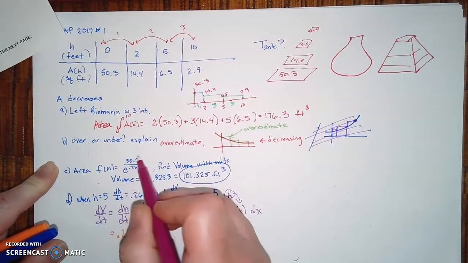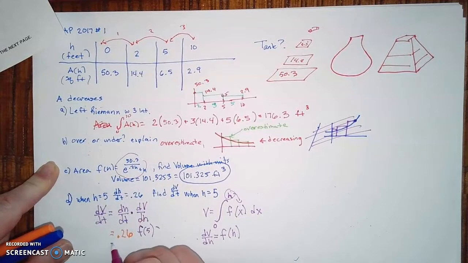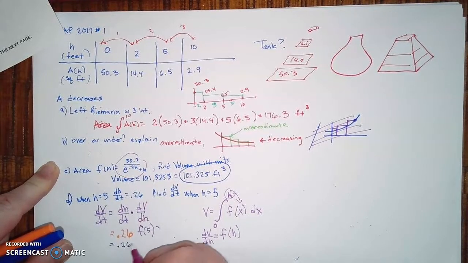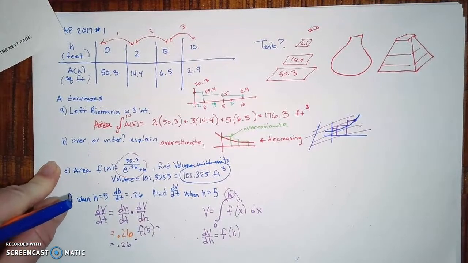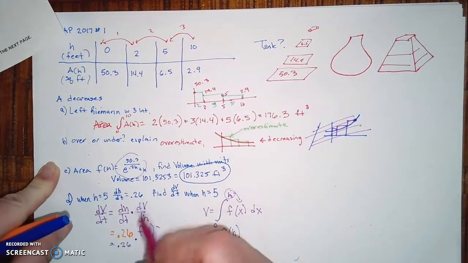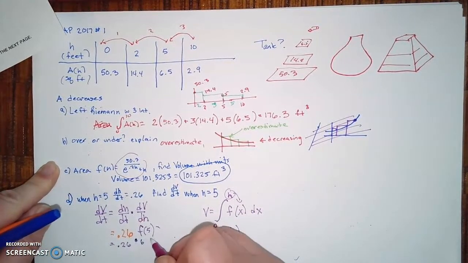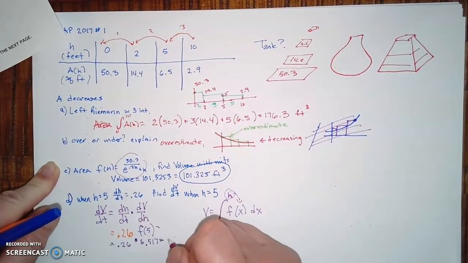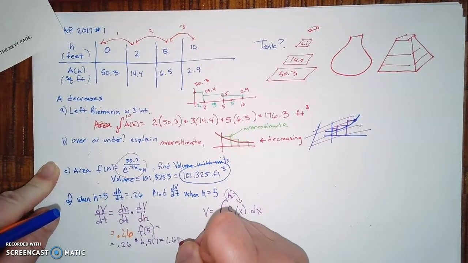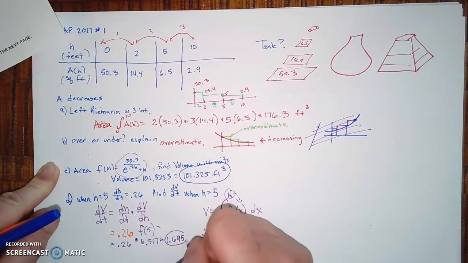I put 5 into this equation. And I got 0.26 times 6.517, 0.517, and I got an answer of 1.695.